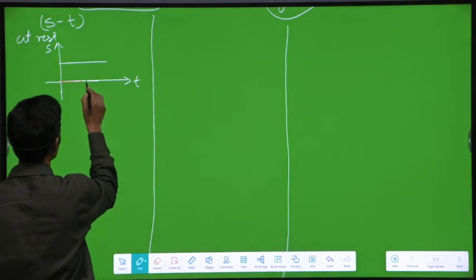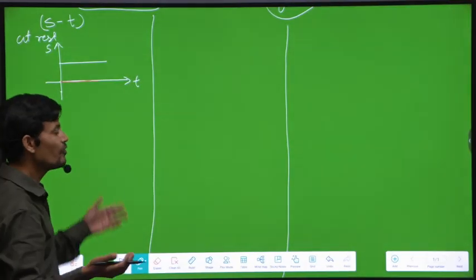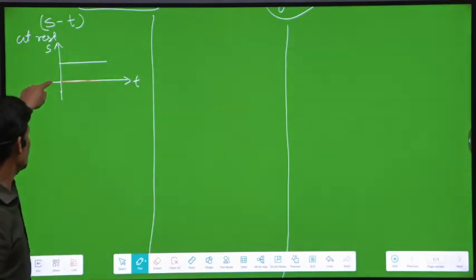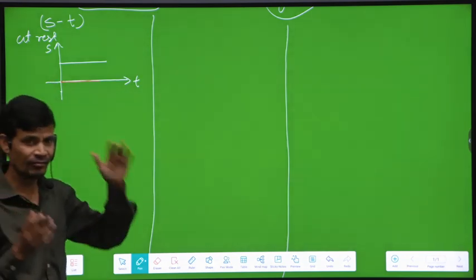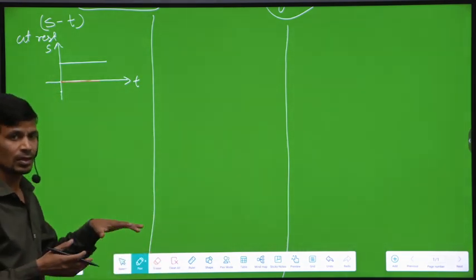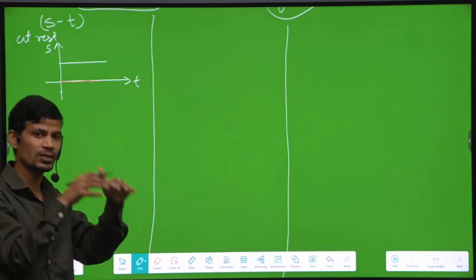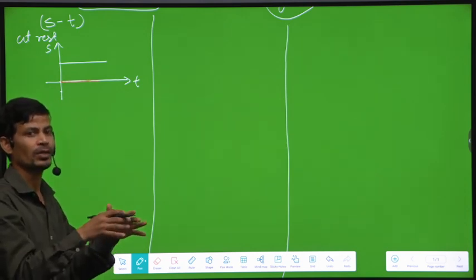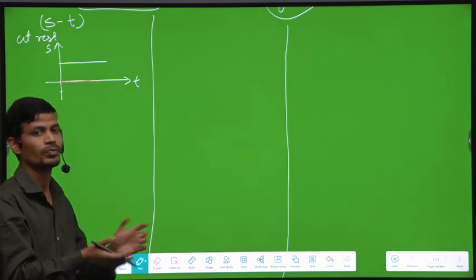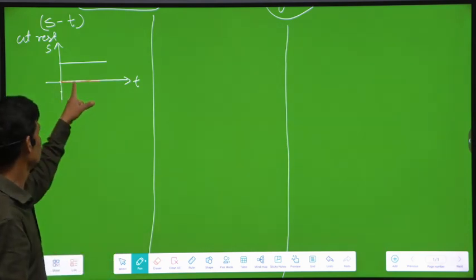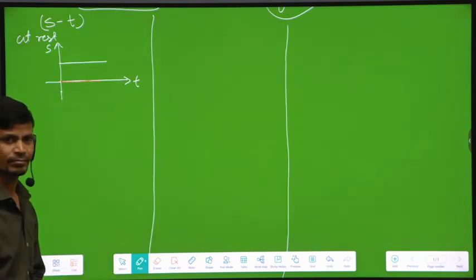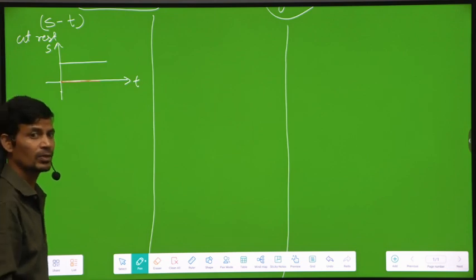I will draw it with different colors. If I am choosing the reference point, and the reference point is just coinciding with the object whose motion we are studying, then the ST graph will be like this if it is at rest with respect to the reference point.